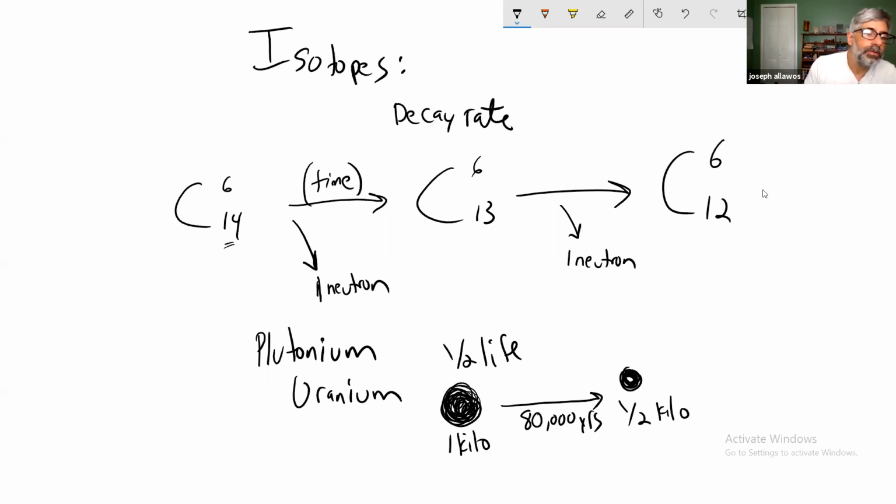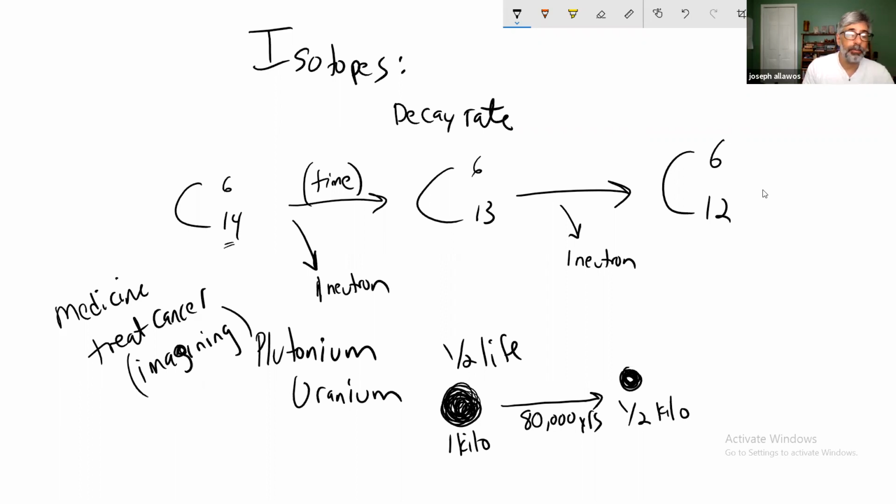We also use isotopes in medicine, for example, radiation therapy to treat cancer, or in imaging. And you might have had an upper or lower GI where they give you this big barium milkshake and they want you to drink it, and it's actually radioactive. They don't tell you that part.